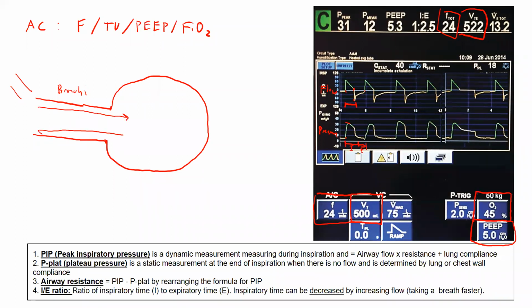So my question for you guys is, here is your peak inspiratory pressure. What two things go into making your peak inspiratory pressure? Where is that pressure coming from?